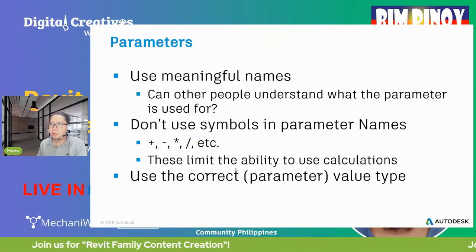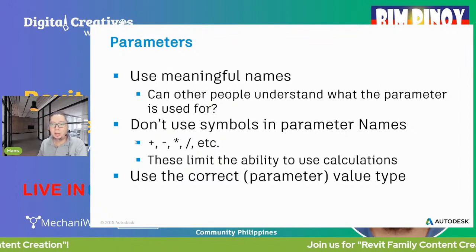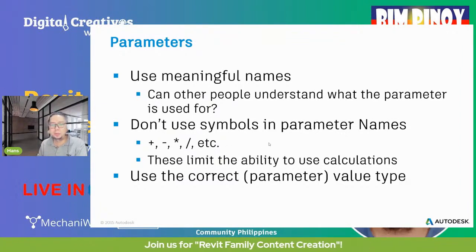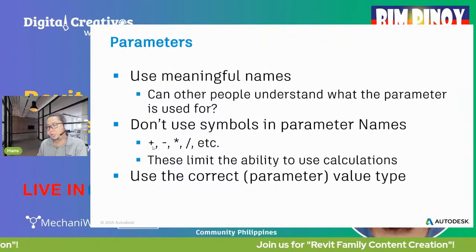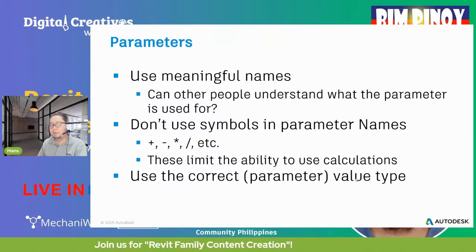And don't use symbols in parameter names like plus, minus, or any of those mathematical symbols. Don't use them in your parameters because it will be confusing if someone is using a formula for the parameter. So use the correct parameter value type.